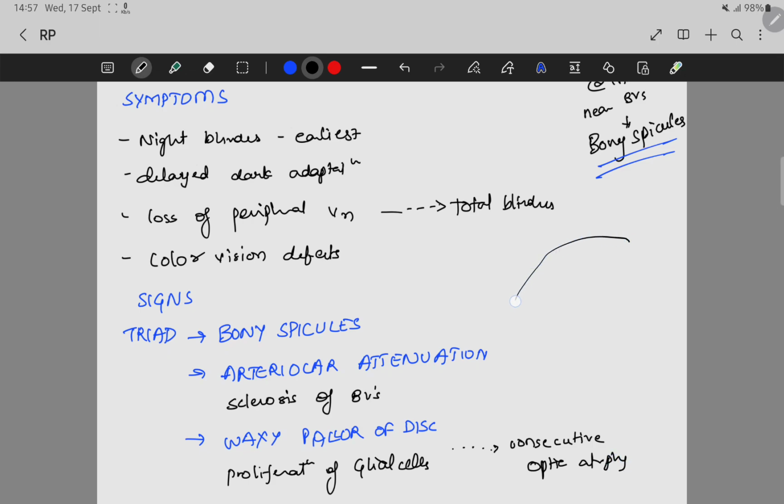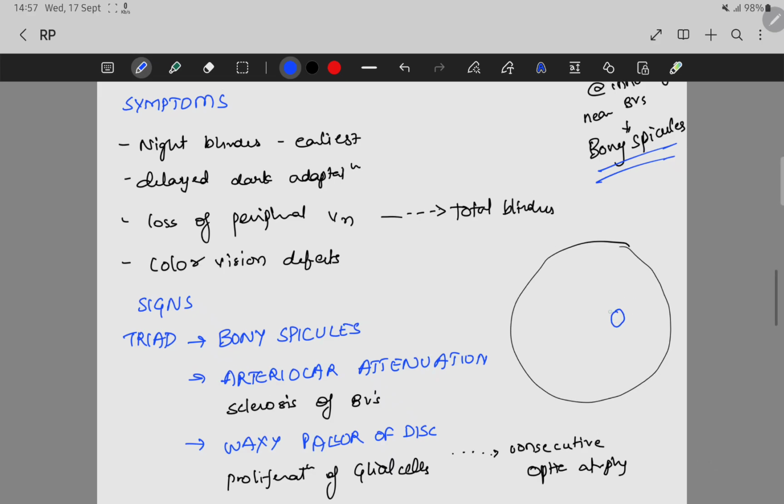Coming to the fundus diagram, this is the disc. So this is a pale disc, thin arteries, and bony spicules which are present in the periphery.